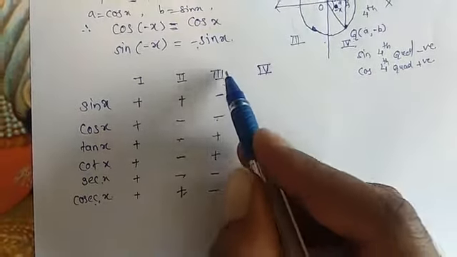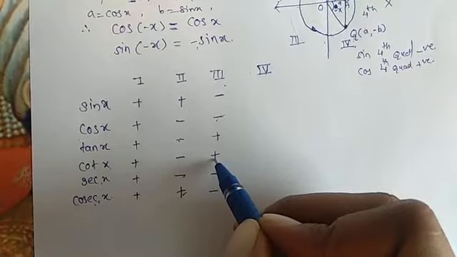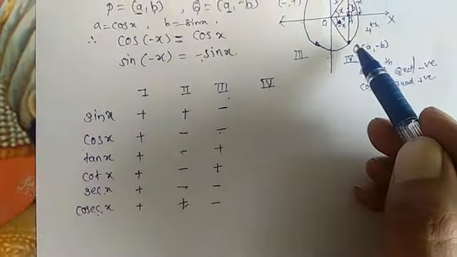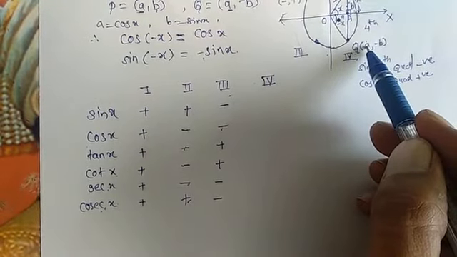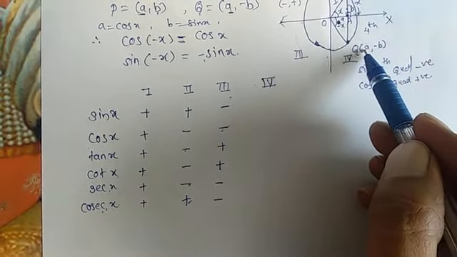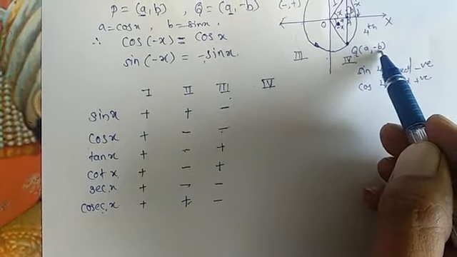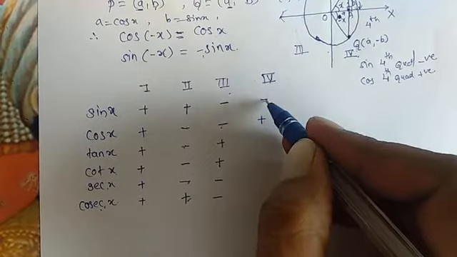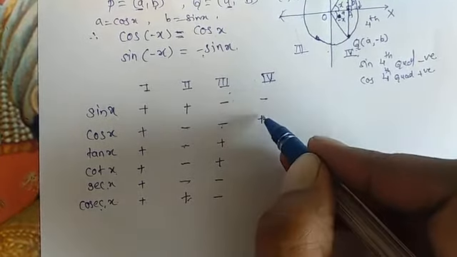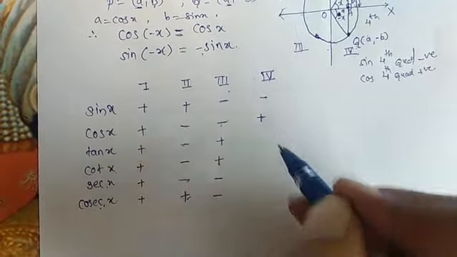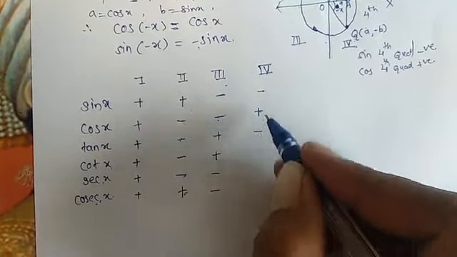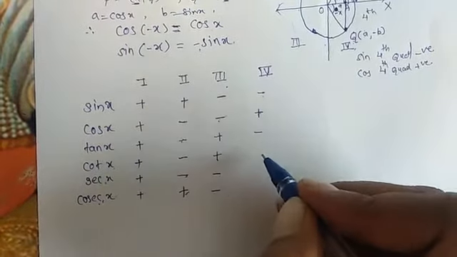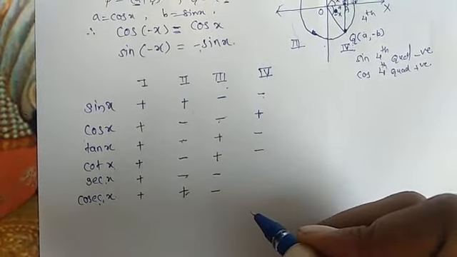So in the third quadrant only tan and cot are positive. In the last, fourth quadrant, x is positive and y is negative, which means cos is positive and sin is negative. So negative upon positive is negative, so tan is negative, and for cot, positive upon negative is negative, so cot is also negative.